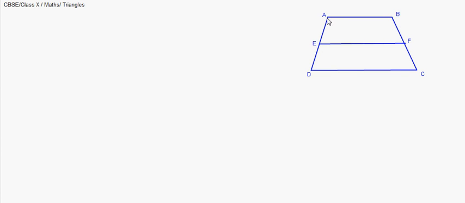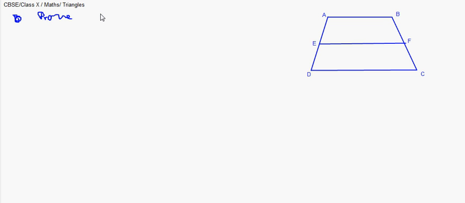It also informs AB is parallel to DC, and then E and F are points on non-parallel sides, which are AD and BC respectively, such that EF is also parallel to AB. We have to prove, so I'm just writing the question part, whatever is given I've read that out.